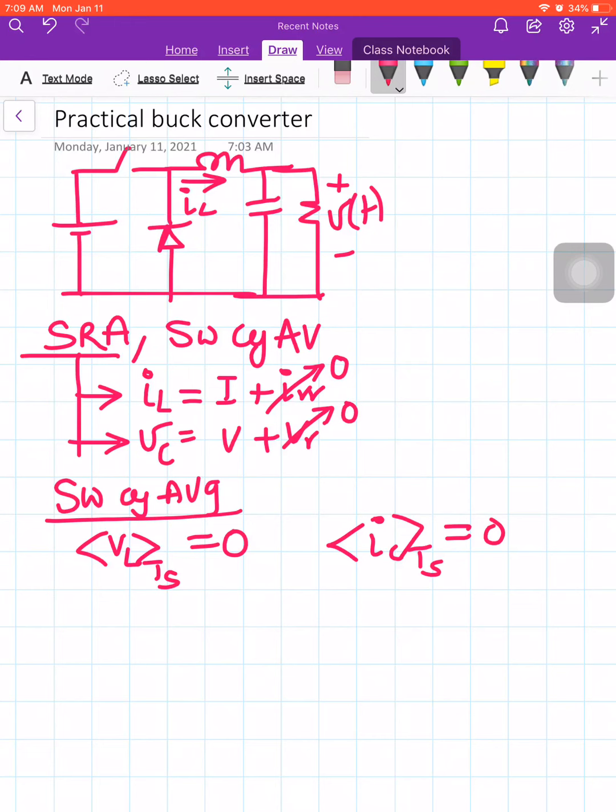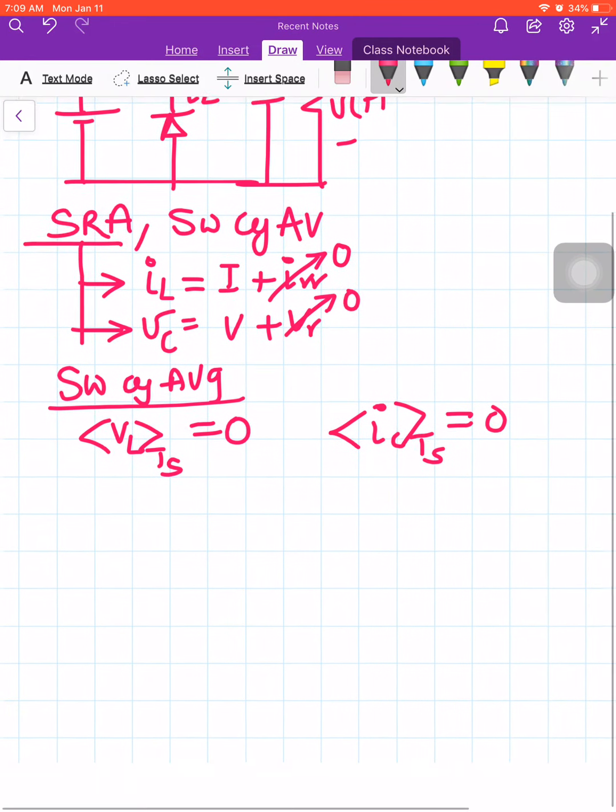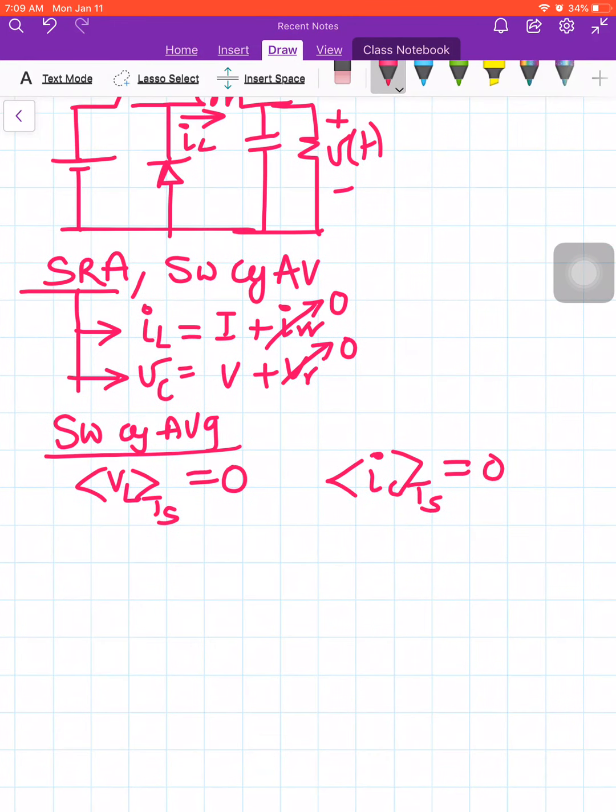We have already seen that the output voltage, small v of t, is equal to capital V plus some V ripple, and we are approximating it as capital V.